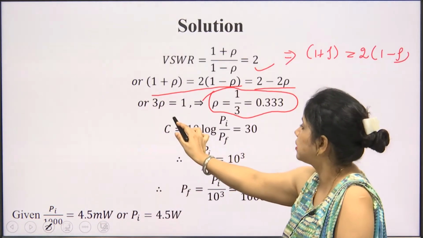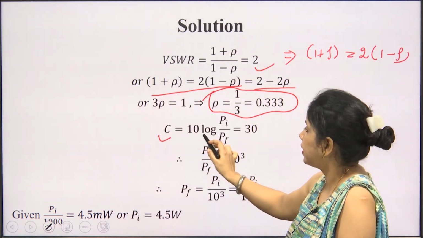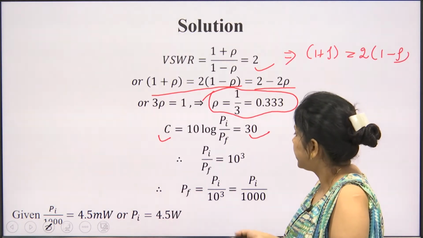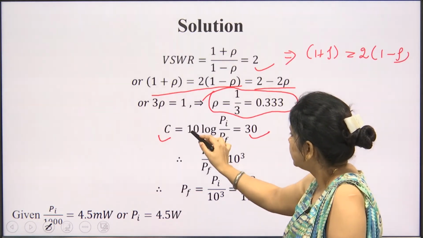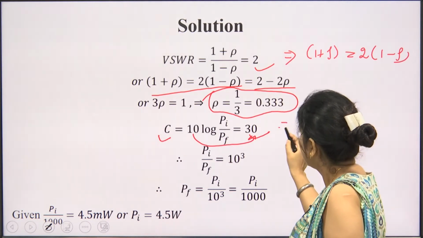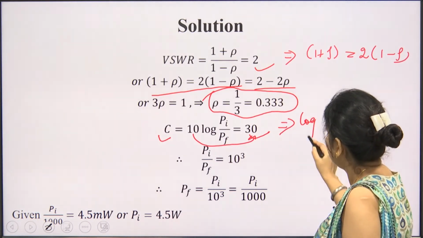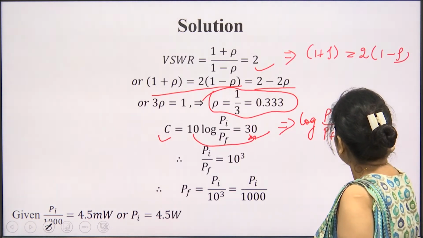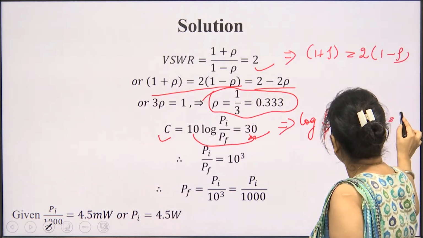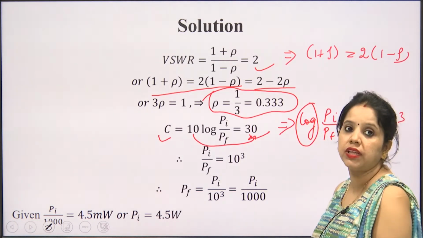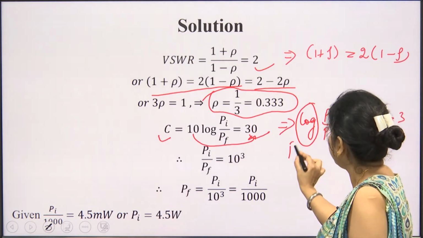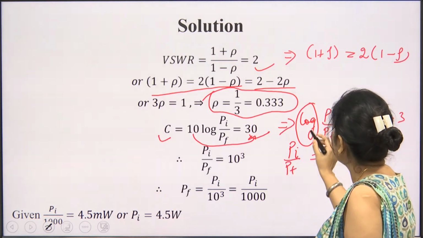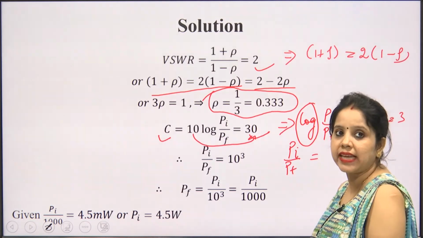Coupled output C is equal to 10 log Pi upon Pf, and that is equal to 30. By solving it, taking the 10 to the other side, log Pi by Pf is equal to 30 upon 10, which is 3. And when we want to remove the log, we use the fact that this is base 10 log.